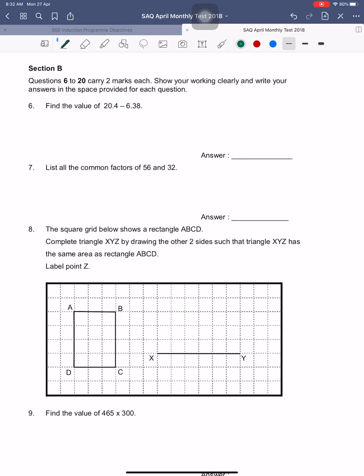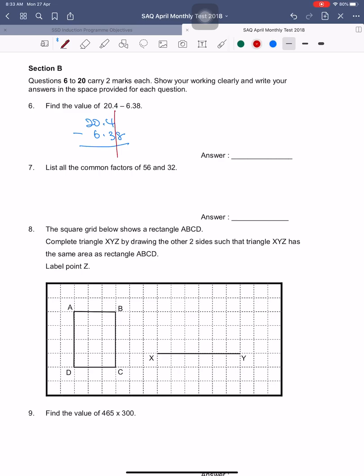Question 6 onward, the questions are actually 2 marks each, meaning you need to show your working clearly. Find the value of 20.4 minus 6.38. I realize that many of you, when doing this type of question, did not align your places.